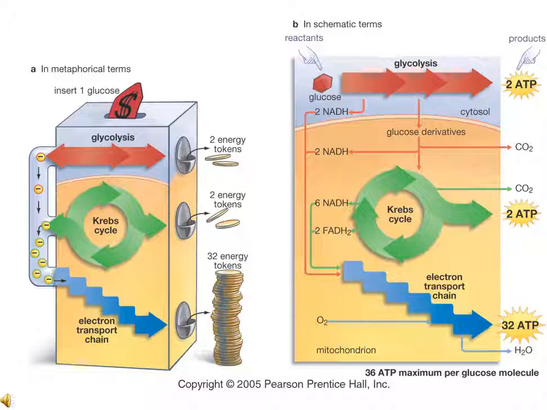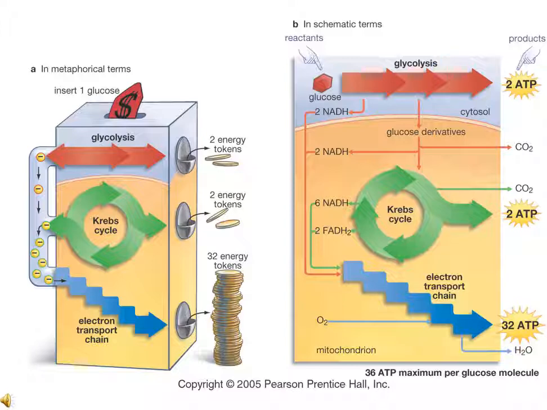Glycolysis, which is a linear metabolic pathway. In glycolysis, we take glucose and we break it down, and a little ATP is produced to the right. That glucose molecule has been broken down, gets converted into some other products, which now get thrown into the Krebs cycle.